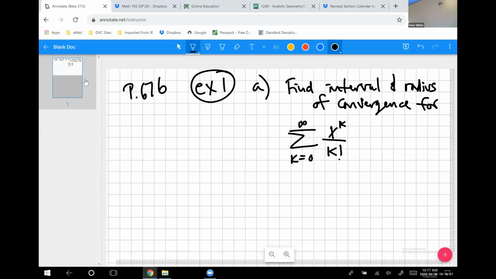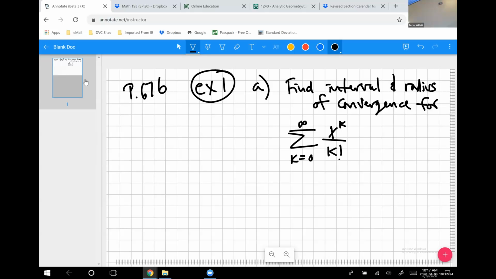Okay, so this is going to be a good example of how our work will begin in chapter 9, the kind of stuff we have to do. This is basically the type of problem we're going to be working with for the rest of the chapter, in which we are given a power series and we need to find out where it converges.